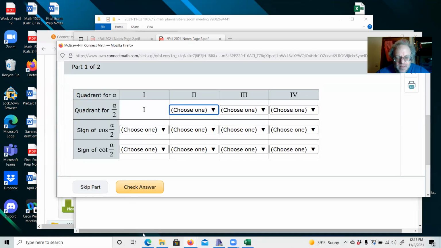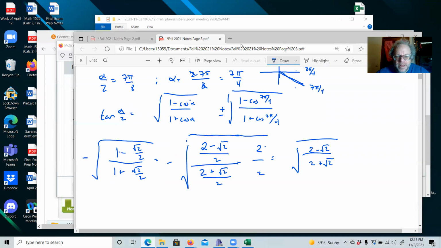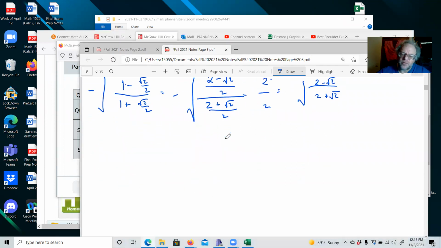If we know that alpha is in the first quadrant, so we know that 0 is less than alpha is less than pi over 2, then alpha over 2 is less than pi over 4, because all I did was multiply everybody by 1/2.